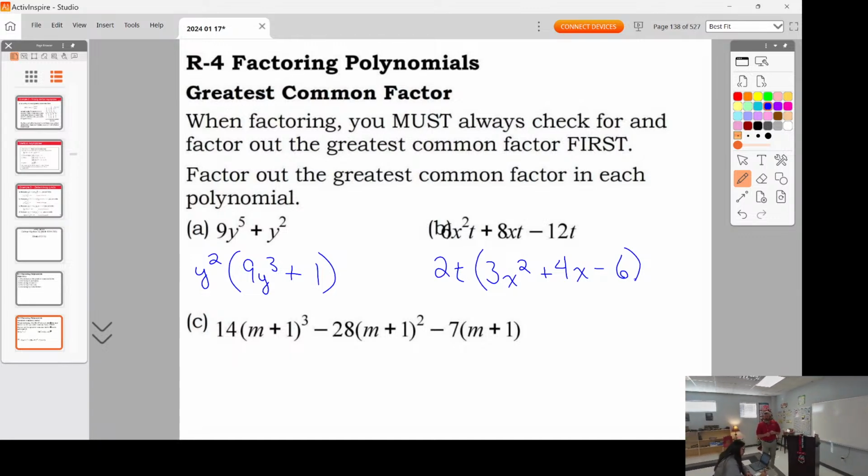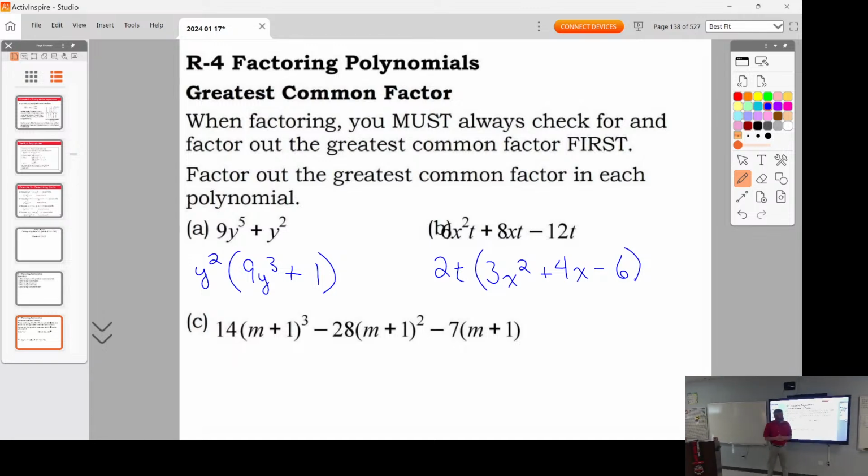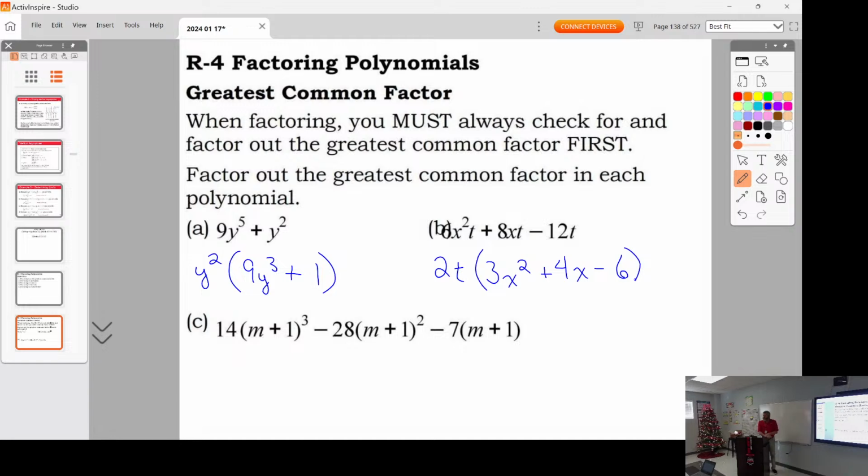Does that factor further? Negative 6 times 3 is negative 18. Can you think of two numbers that multiply to get negative 18, but add together to get 4? No? Okay, we're done.